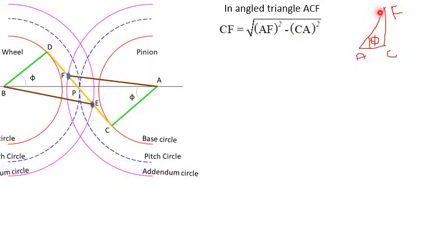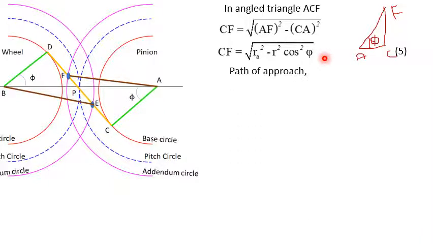The longest side is AF, so CF is the square root of AF square minus AC square. What is AF? From the diagram, AF is the addendum radius of this pinion, therefore RA square. Then CA, in the triangle ACP, CA is the adjacent side, therefore r square cos square phi. Call this one as equation number 5.